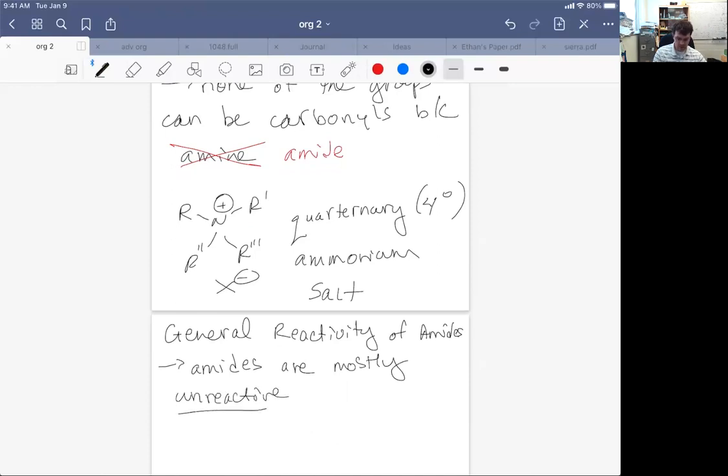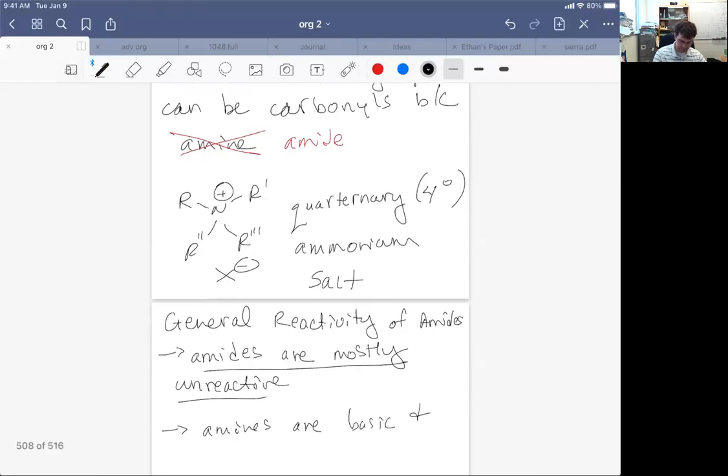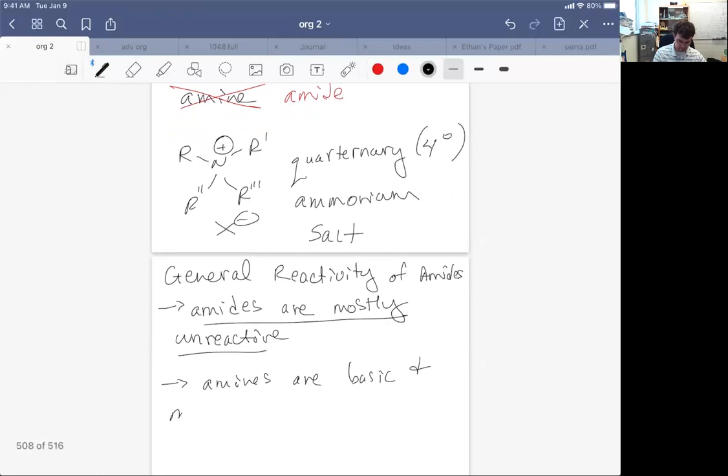But amines, in contrast, amines are basic and nucleophilic. And because they're nucleophilic, amines are often used to make amides.